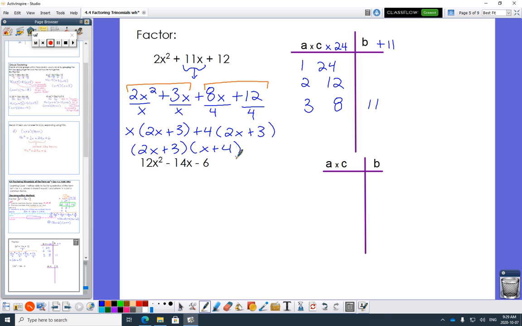Okay, so this question is ruthless because first you check, and like I said, a good thing to check: can these all be divided by 12? 12, 14, and 6? No. However, they're all even, so they can at least be divided by 2. So you can check that.